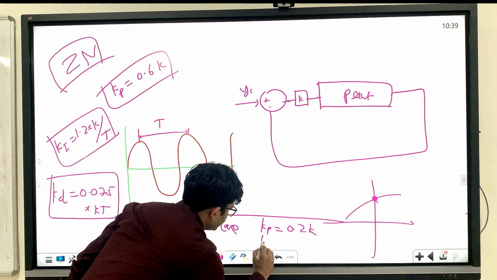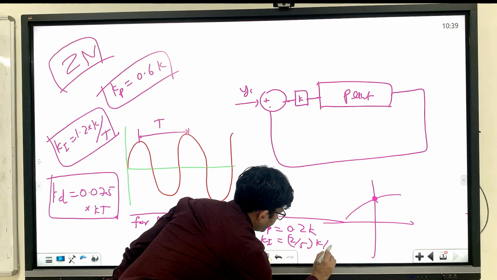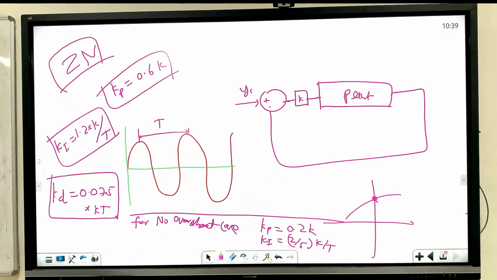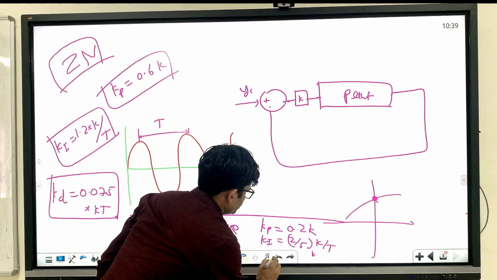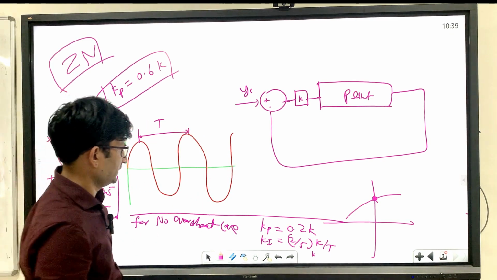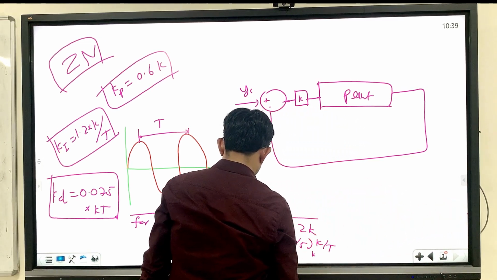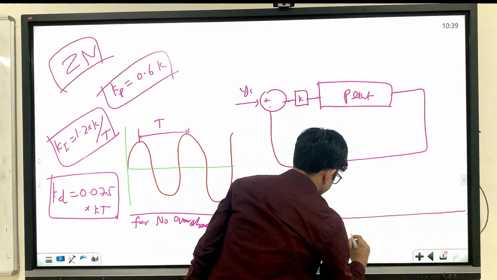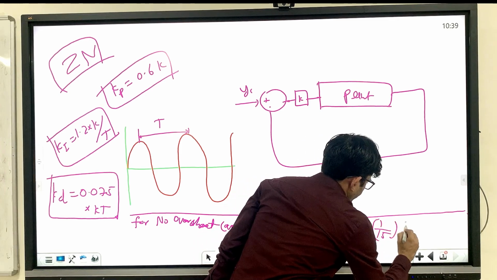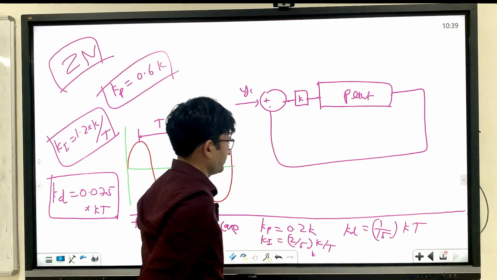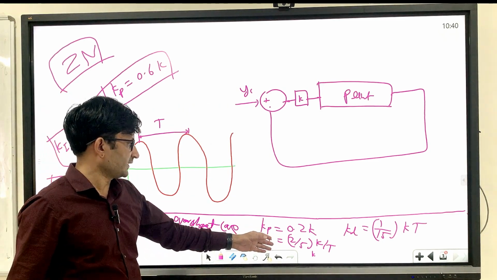And Ki, 2 by 5 K by T, and Kd, okay, Kd you can select 1 by 15 K into T. If you do not want overshoot, you can select this Kp, Ki and Kd like this.